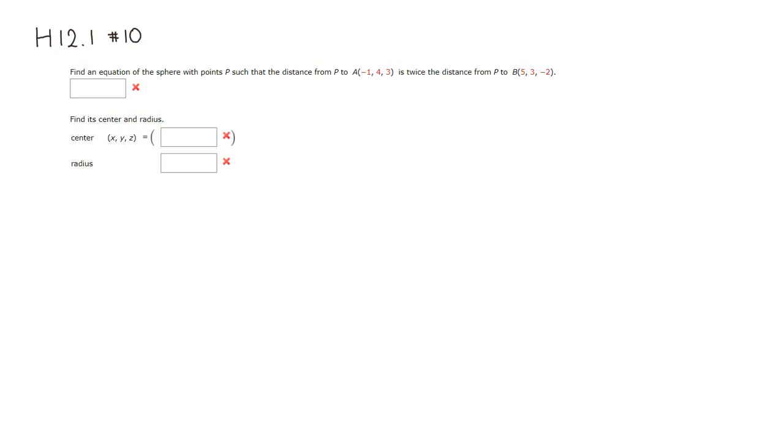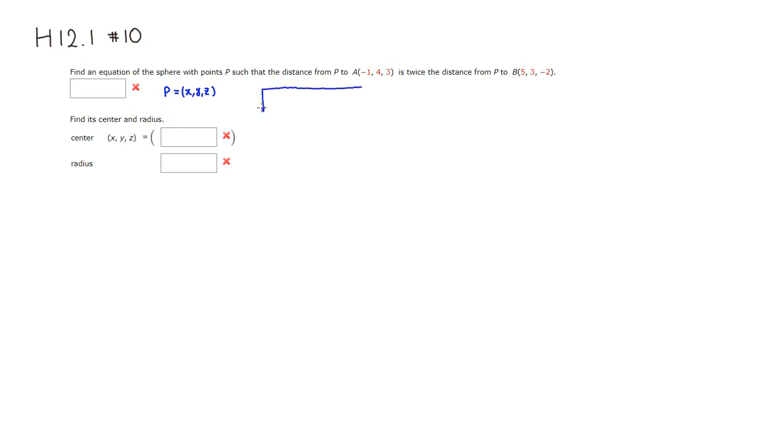Let's find the distance between P and A. I'm going to give coordinates for P, x comma y comma z. The distance between P and A is simply found using the distance formula.